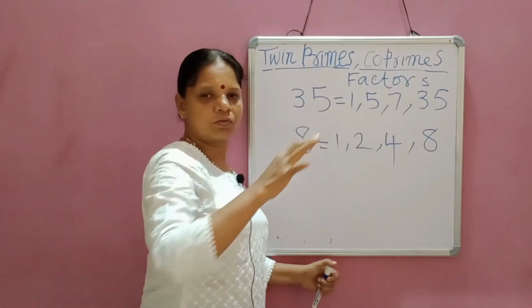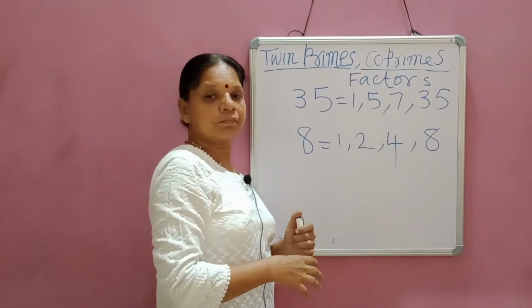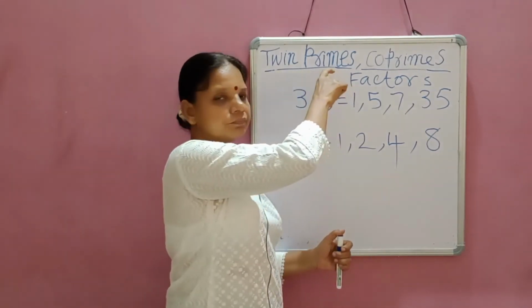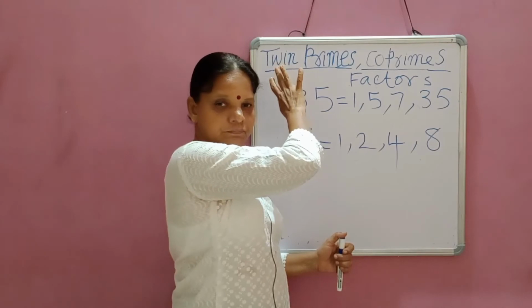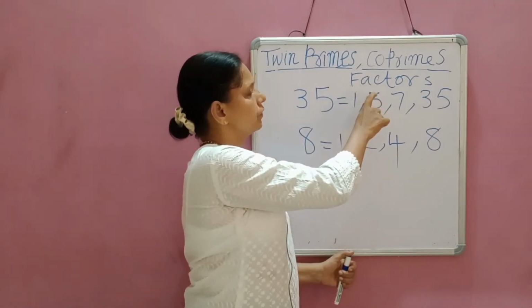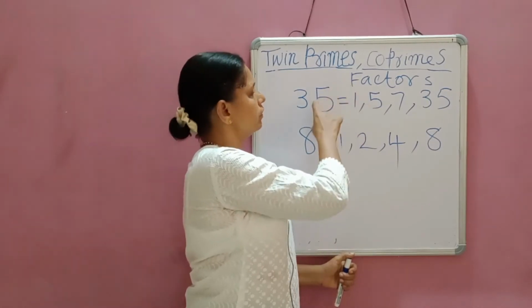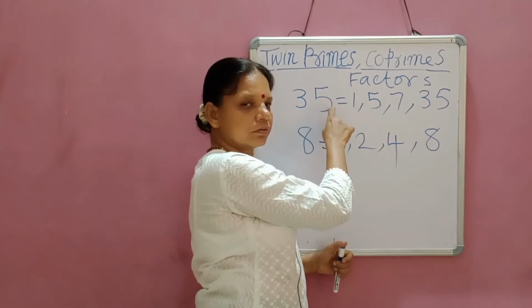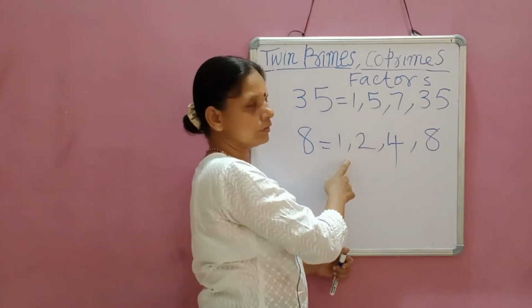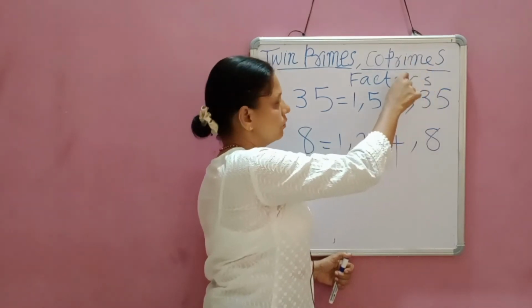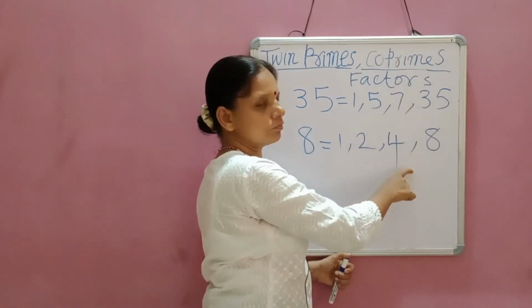So what is meant by coprime? Remember, they are not prime numbers. Not like twin primes. Twin primes are prime numbers satisfying a special condition. But here, what is the condition? They are composite numbers. Don't see the word prime. What is the definition of coprime?